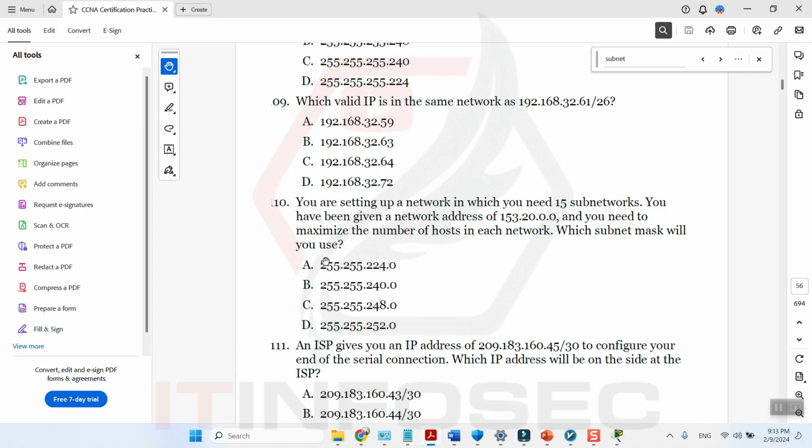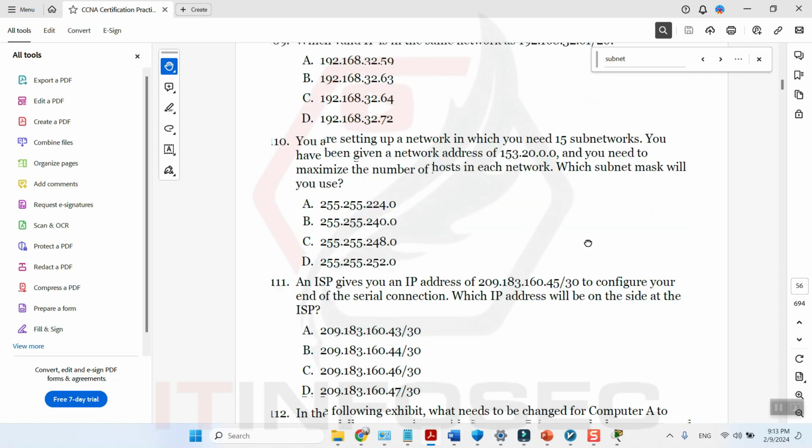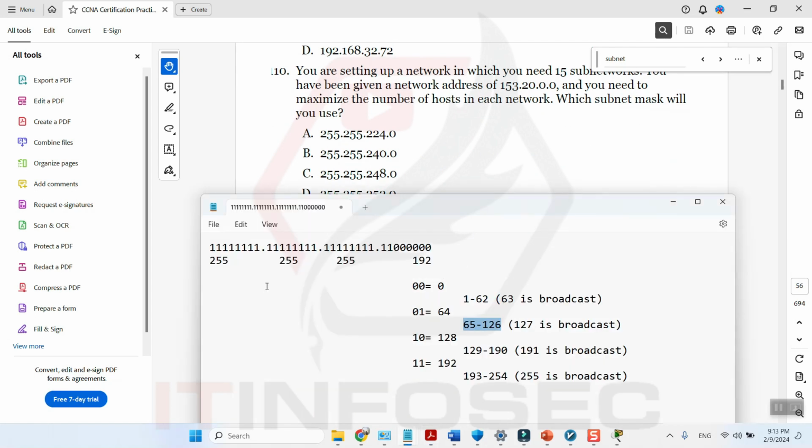And you need to maximize, look at this word, the number of hosts in each network. Which subnet mask will you use? Okay, this is the default subnet mask of class B.